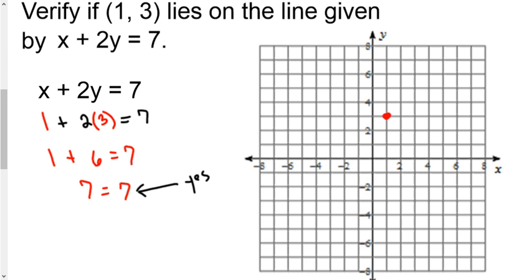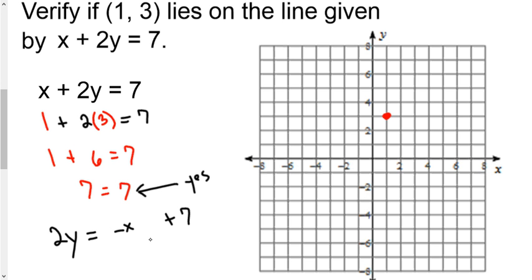And now let's basically go back through and convert this into the slope-intercept form. And you should know that you would just be subtracting the x onto the other side of the equation. And then we would just divide by 2.